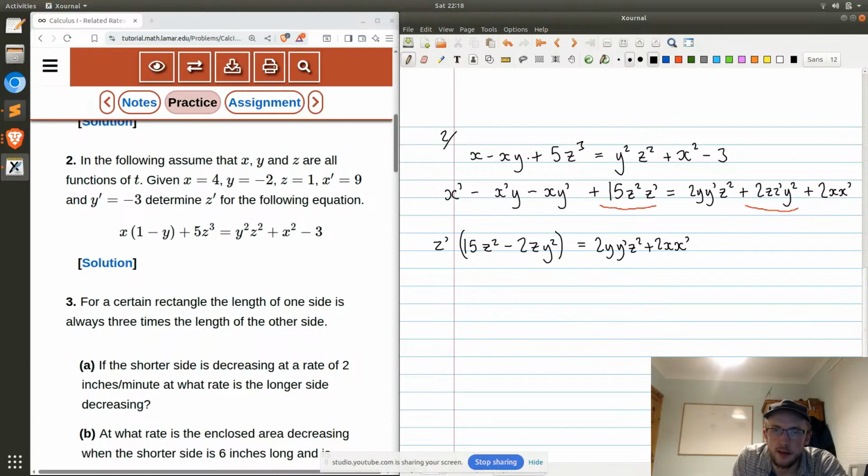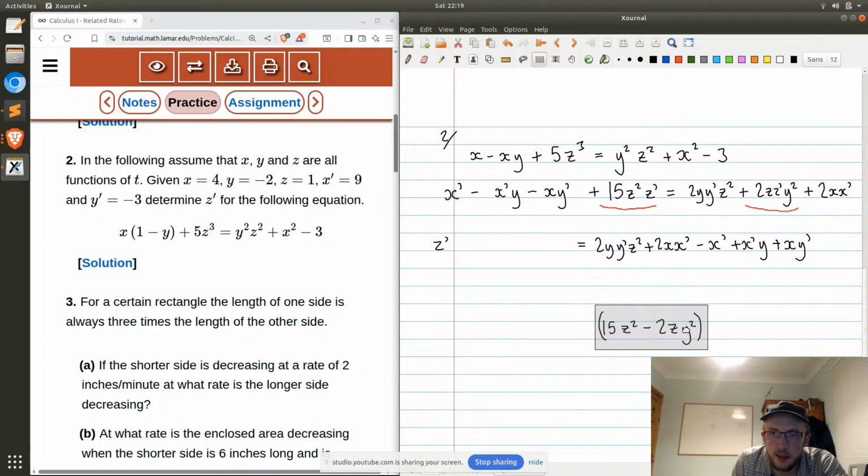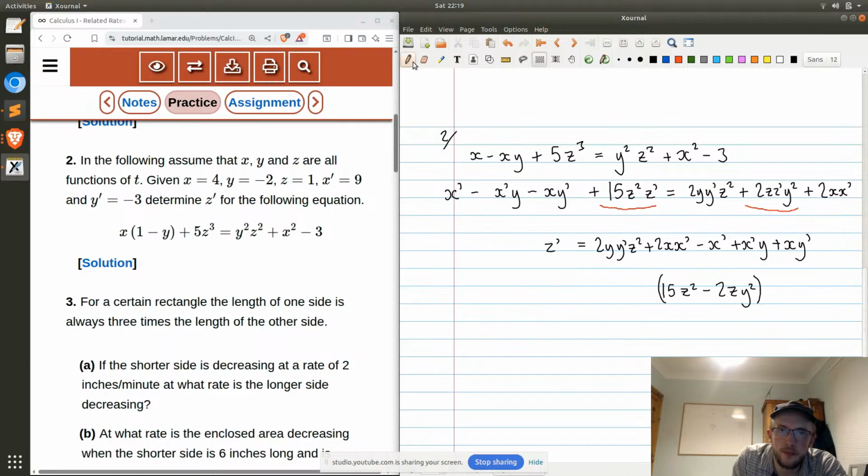Then these three guys. So minus x prime plus x prime y plus xy prime. And now divide through by that. There. Oh, that's cool.